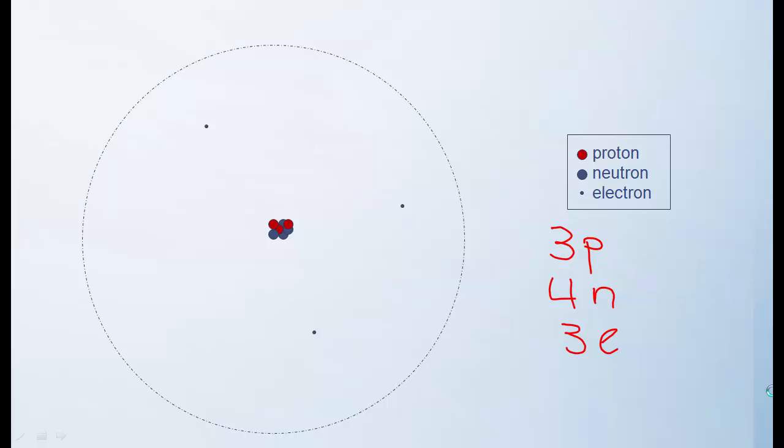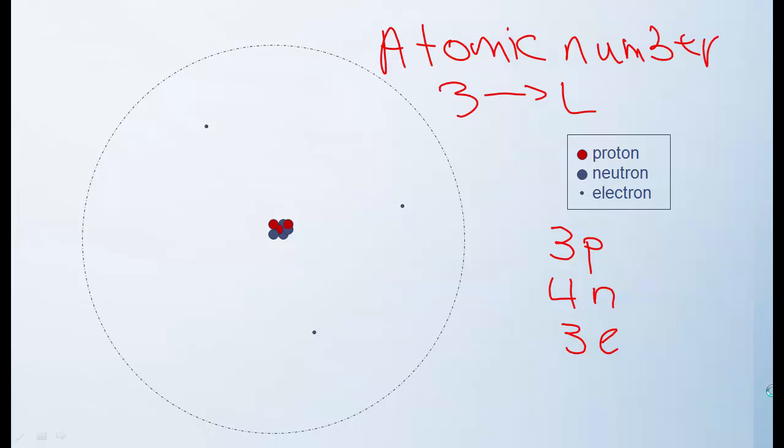And so what we're finding out is that the number of protons tells you which type of atom you have. The number of protons is called the atomic number. So the atomic number in this example is 3. And you look on the periodic table and you find that this corresponds to lithium.